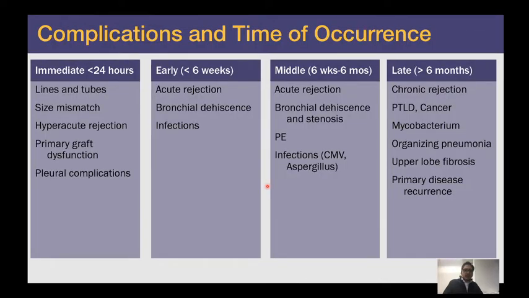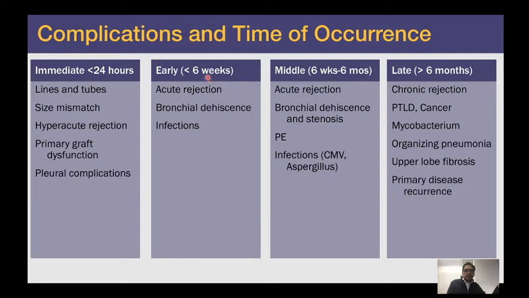Okay, so let's talk about the complications of lung transplant. And there's different ways to think about the complications of lung transplant. One way to do it is to think about the time course, so immediate, early, middle, and late. This is one useful way, particularly if they're in the immediate postoperative period, because a lot of these immediate complications are very unique to the immediate postoperative time period.